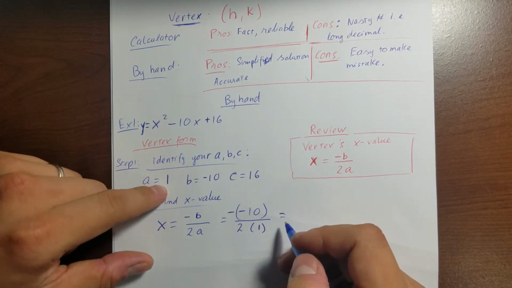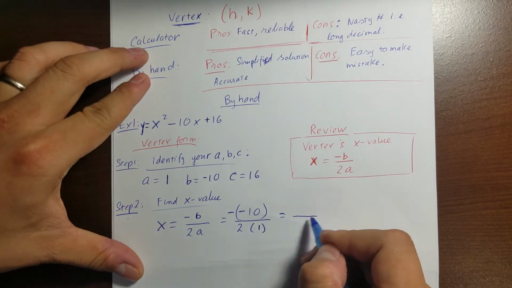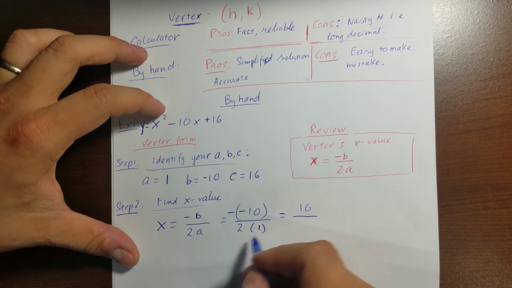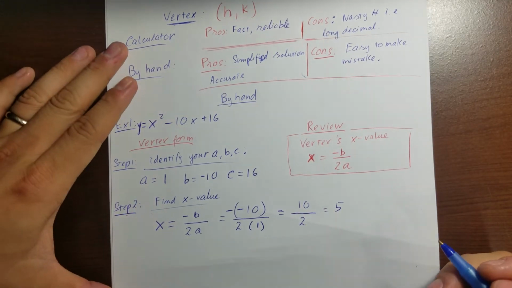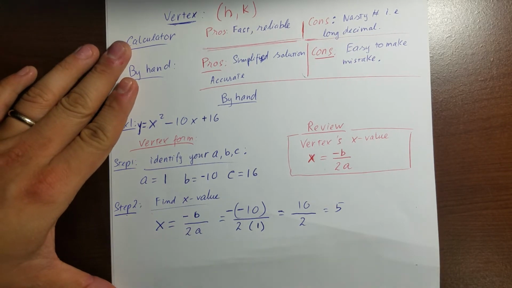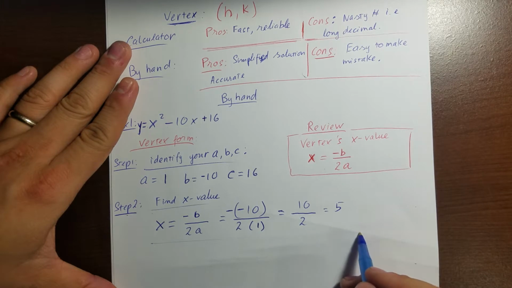Since I don't have my calculator with me right now, I will solve it completely by hand. Negative over negative will be positive, 2 times 1 will be 2, and 10 over 2 will give you 5. Lucky for us. Now, this is your x value.